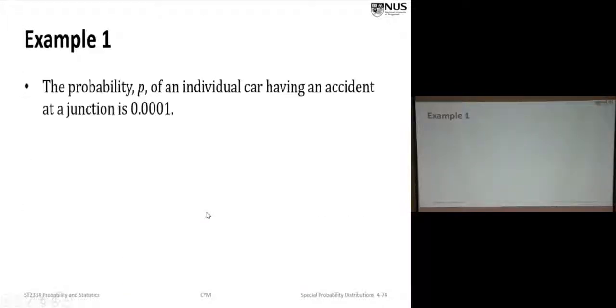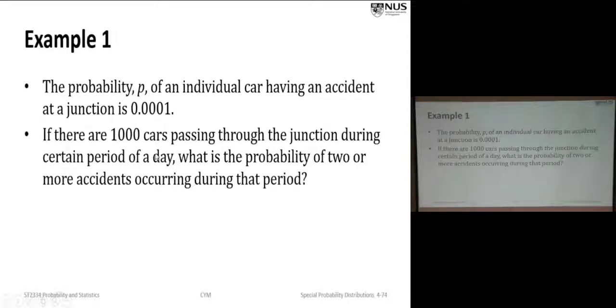So here is an example. Suppose an individual car has an accident at a junction with probability 0.0001, a very small p. If there are 1,000 cars passing through this junction in a given day, what's the chance that you have 2 or more accidents occurring during that period?